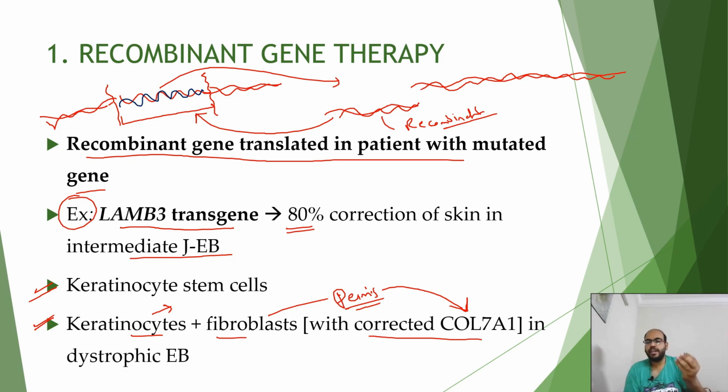So what you do is you take out a sample from the patient, you take out the genetic material from the patient's fibroblasts, correct the gene, put it back again, and let them grow. And now they are growing with the proper gene. They will not show the disease in the child. Clear? So collagen 7 is being used in the dystrophic EB because that's where the mutation actually lies.